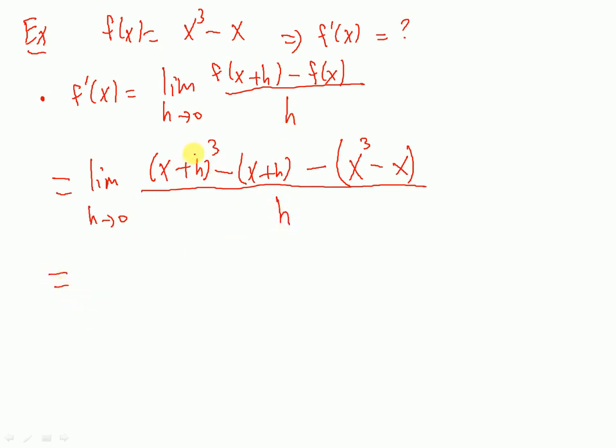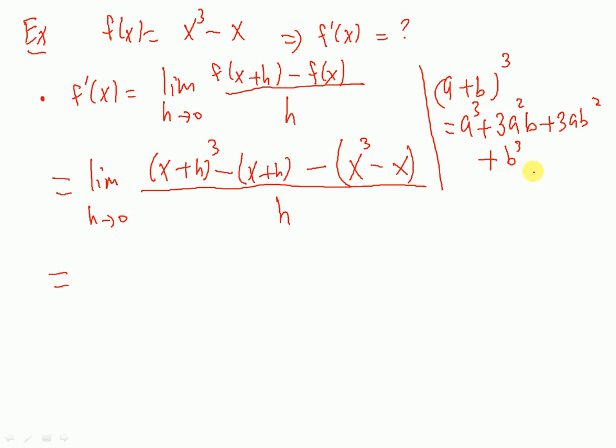Okay, so we need to expand this out. How do I expand this? Remember the formula: a plus b, cubed, is equal to a cubed plus 3a squared b plus 3ab squared, and then plus the last one cubed.